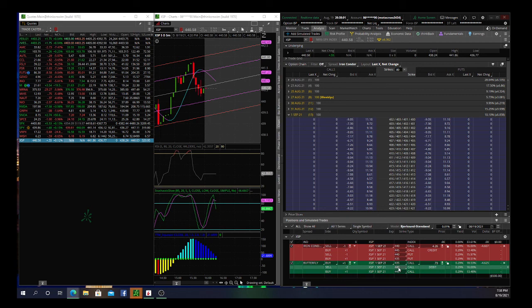So that 435 call has a $5 value, and this trade would make you $500, and the cost of it is 73 cents. So you have $73 invested in it. So you're saying, well, that's a great risk reward. I spend $73 on one contract, and at 440, I make $500. I could potentially lose 73 to make $500.